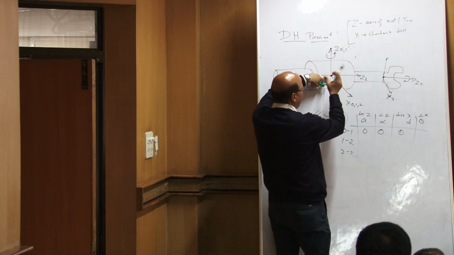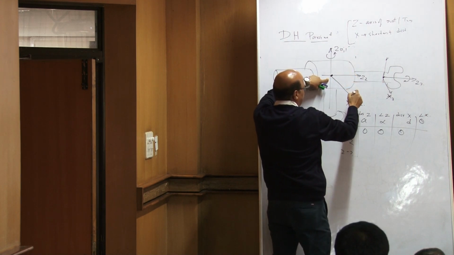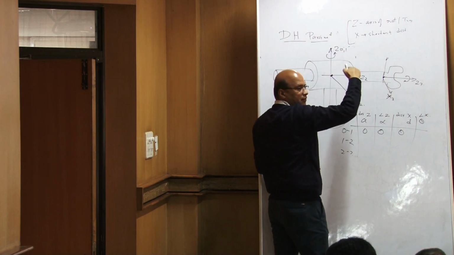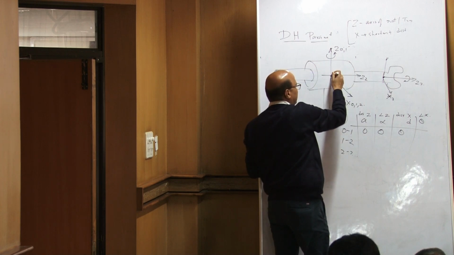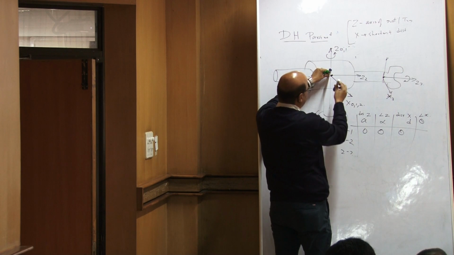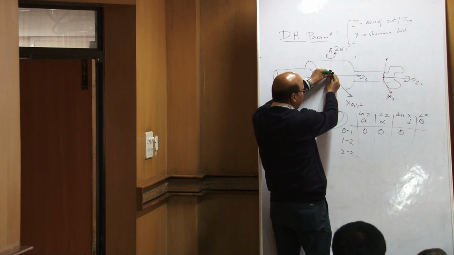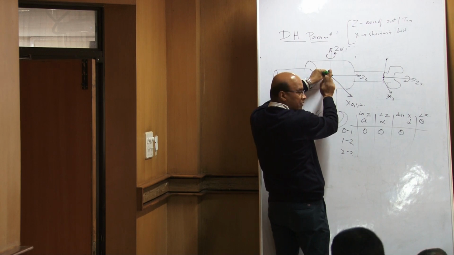Now when it rotates, what will happen? Can you visualize this? This is a plane. Now this x is on this plane, perpendicular like this. So if I say x0 and x1, x0 is like this, x1 is also like this on this plane. When it rotates, x0 does not move, but x1 moves.